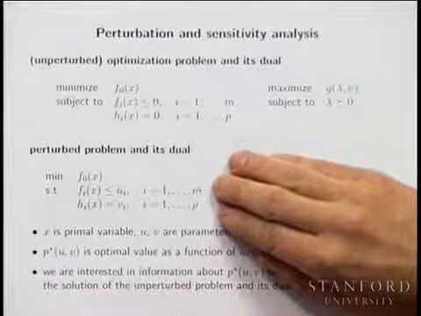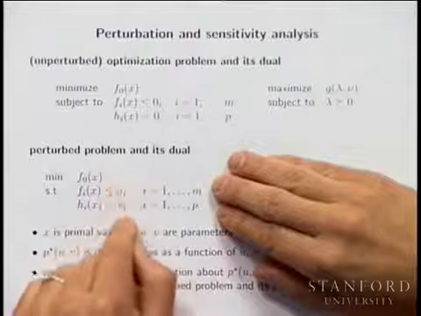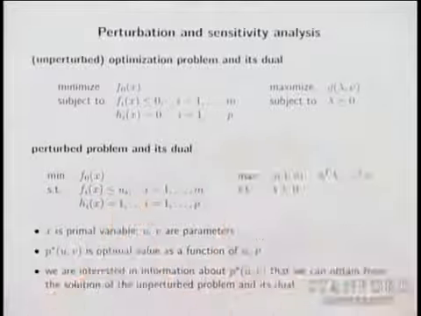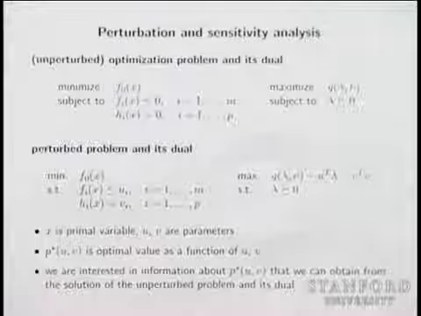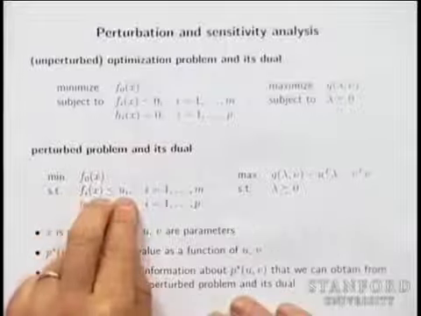But let's actually just stop and say what this perturbed problem means. If ui is 0 and vi is 0, this thing is the same as that. Now, if I increase u1, if I make u1 equal to 0.1, for example, then the way you'd say that is you'd say you have relaxed the first constraint. Because, well, you increase the feasible set.